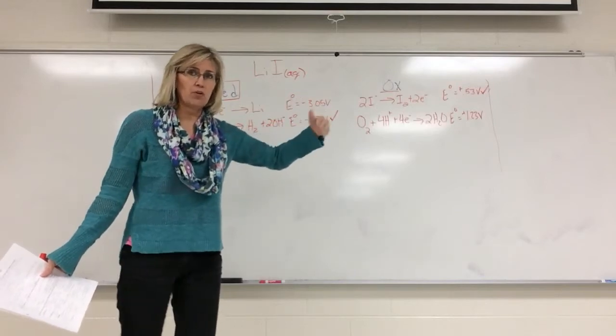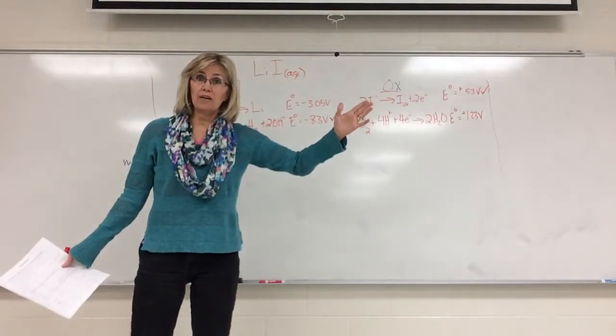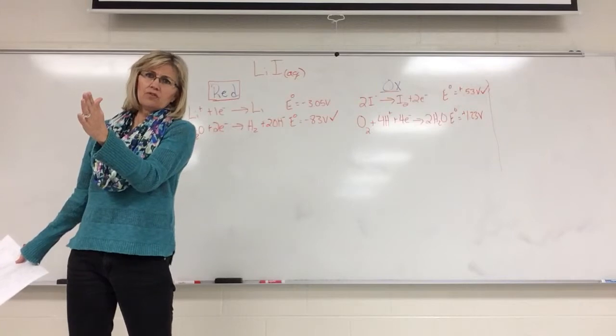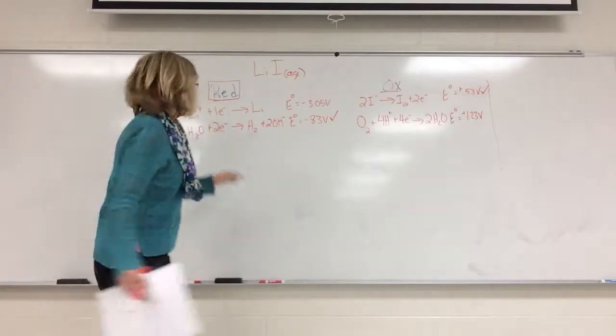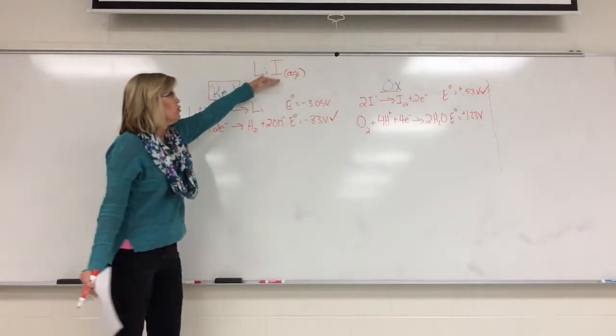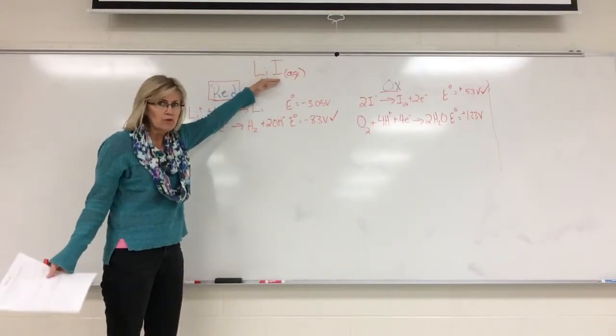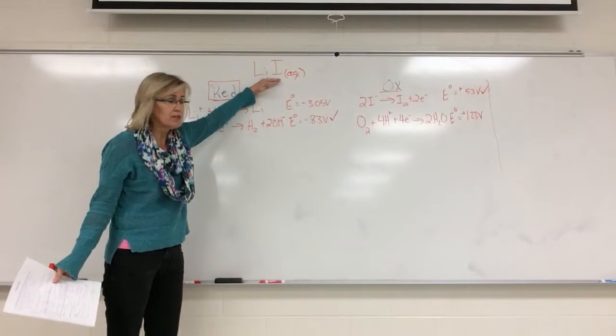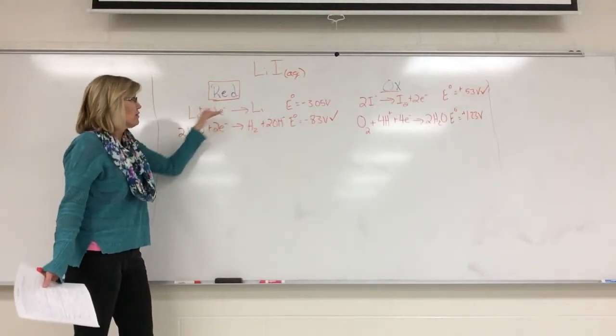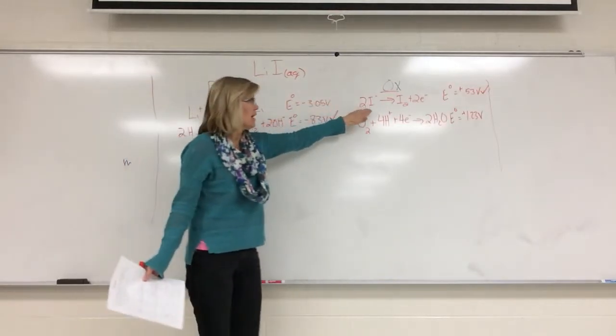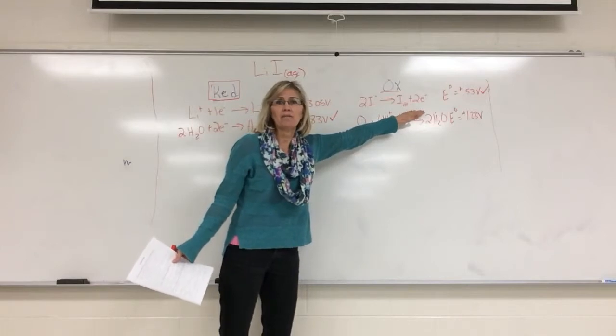So you have something different going on. Your positive ion is going to go to the negative electrode and become reduced. All right? So you have your ionic compound in water, you do the reverse of what normally should take place. And the reverse is that my metal is going to be reduced and my nonmetal is going to be oxidized.